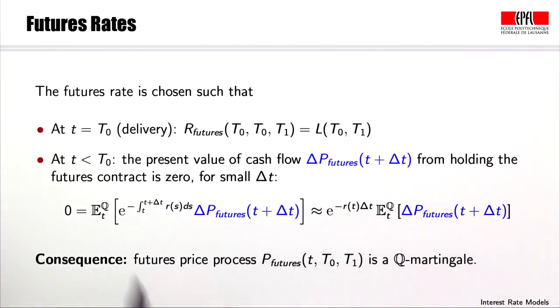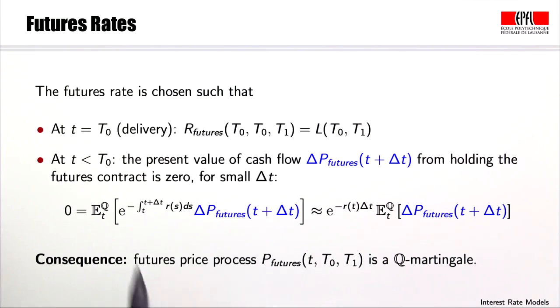At any earlier date, small t, the present value of the cash flow from holding the futures contract has to be 0. This is the present value of the cash flow. It has to be 0.